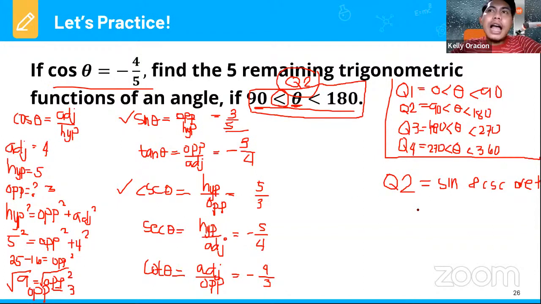And my question earlier was, in quadrant 2, which ones are positive? The positive ones are sine and cosecant. The ones I checked are the only positive ones. The rest are negative. That is why sine is positive, tan is negative, cosecant is positive, secant is negative, and cotangent is also negative. That is the reason why it is negative. Please take your time to copy.